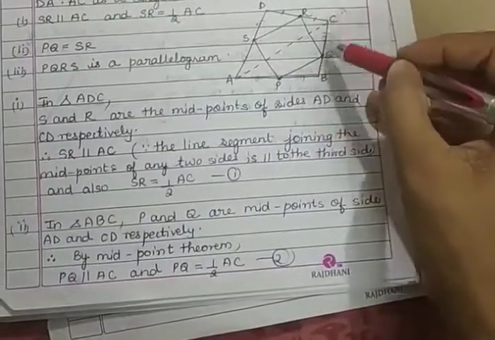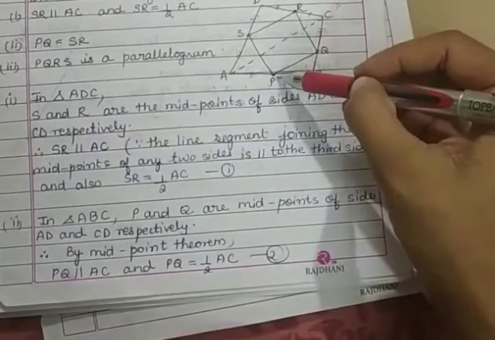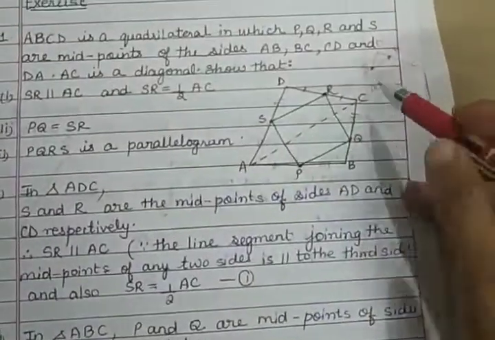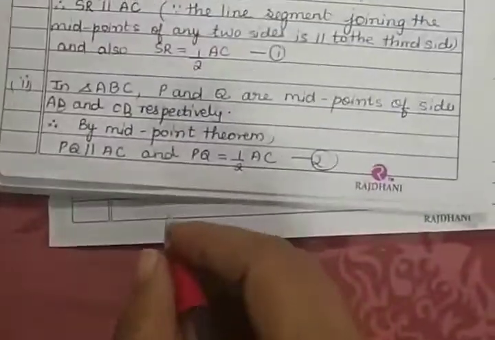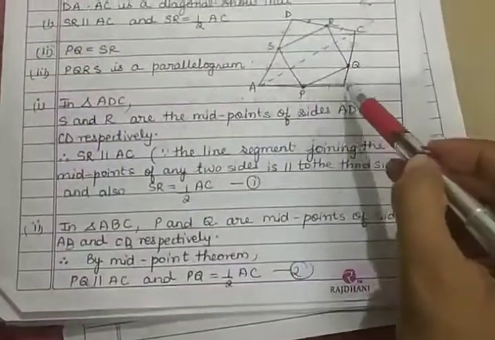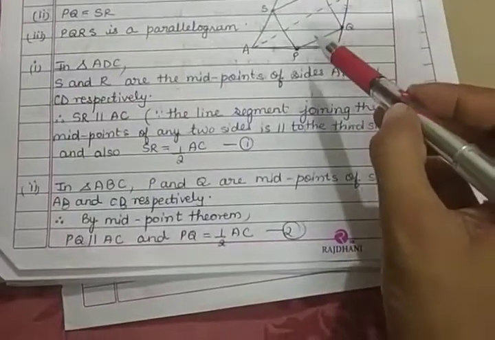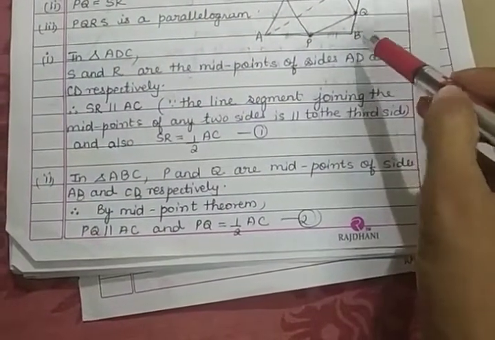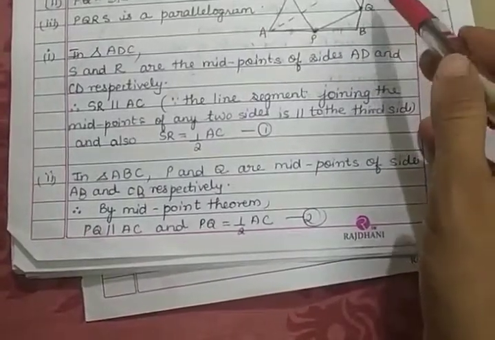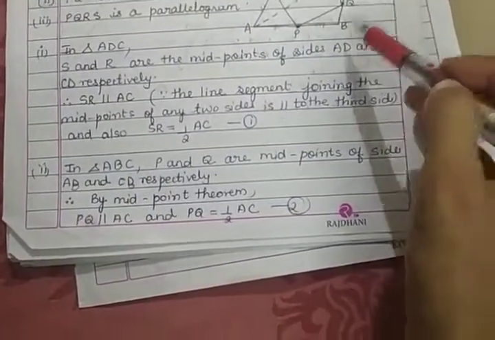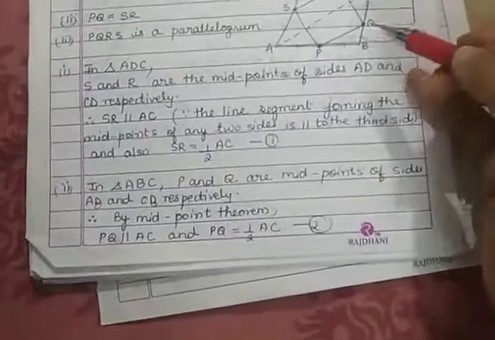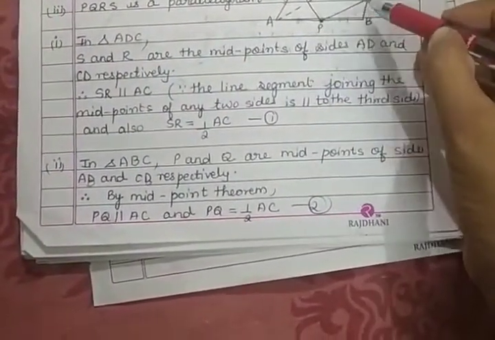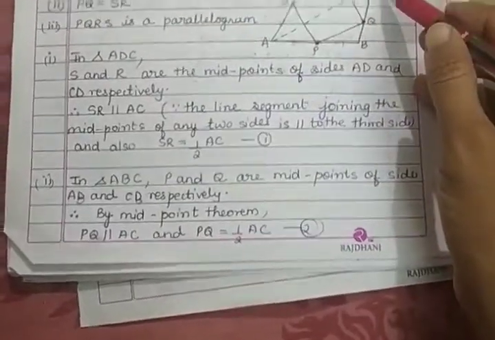In triangle ABC, P is the midpoint of the side AB and Q is the midpoint of the side CB. Then by the midpoint theorem we know PQ will be parallel to AC and PQ will be half of AC. Correct?